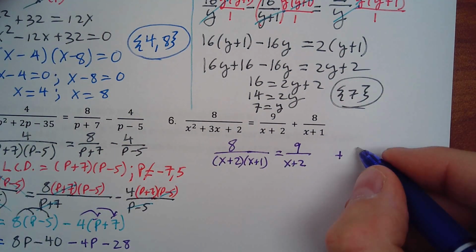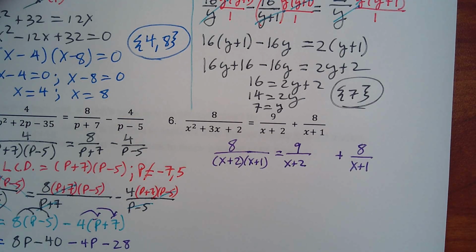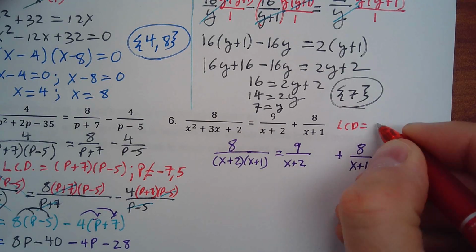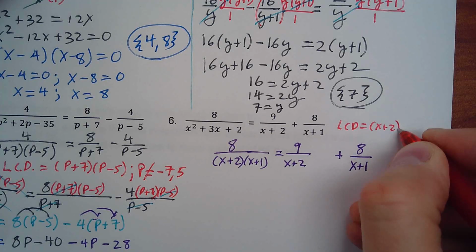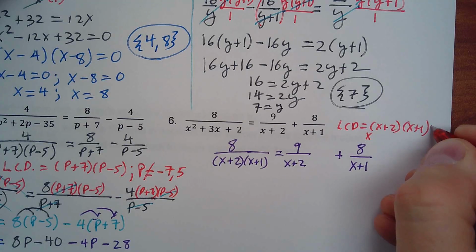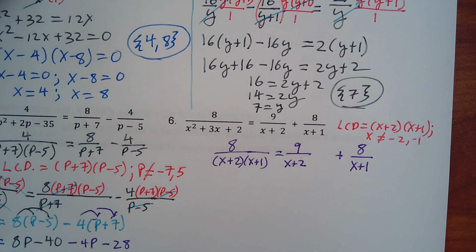Slide this over. My LCD here is going to be x plus 2 times x plus 1, meaning my restrictions, x cannot equal negative 2 and negative 1.